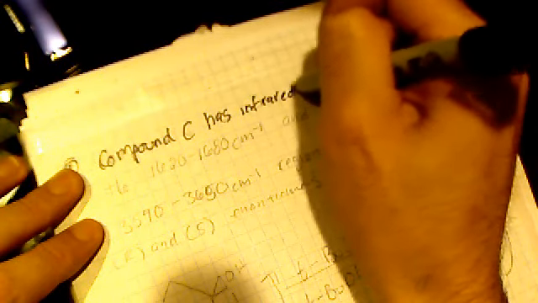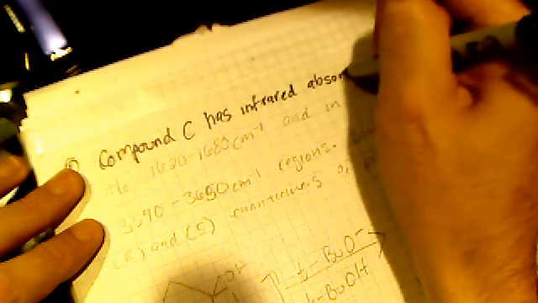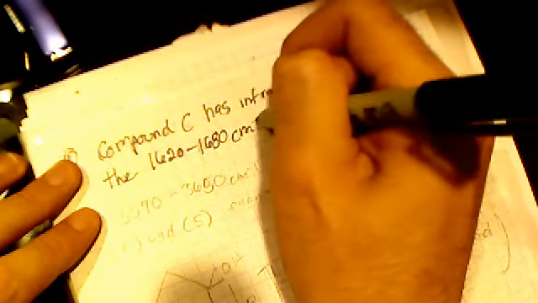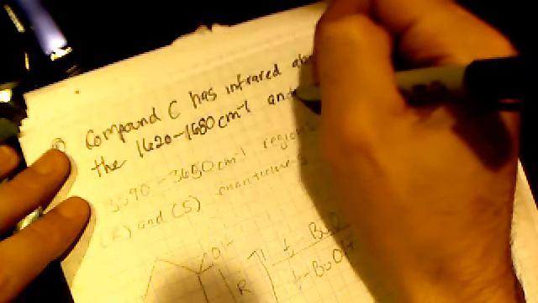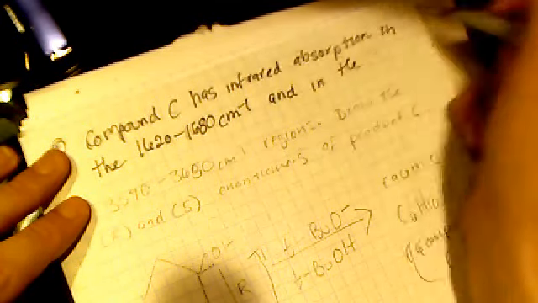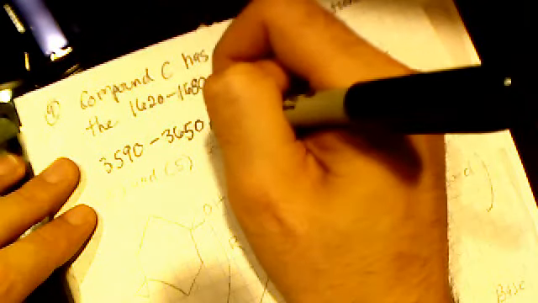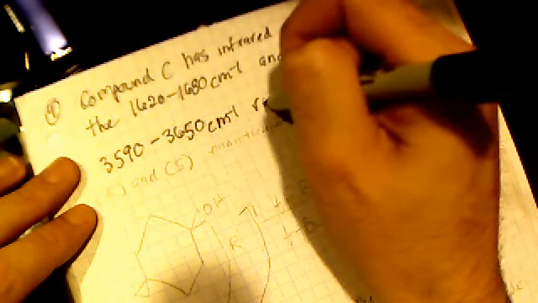So it says compound C has infrared absorption in the 1620 to 1680 reciprocal centimeters range, and in the 3590 to 3650 negative reciprocal centimeters region.